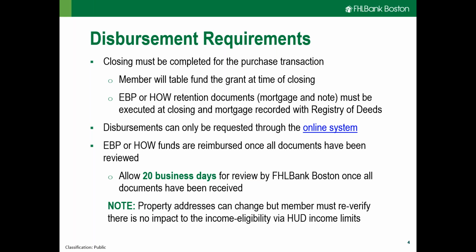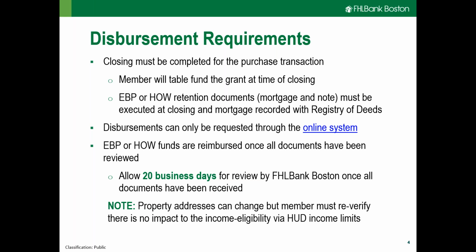You can go through all the prompts it will bring you through, and you can obtain your account. I recommend doing that where we've already been administering the program. That way, everything ticks and ties. It is a little manual on our end, so I strongly recommend doing that. And like I said, allow us 20 business days to complete the disbursement review.